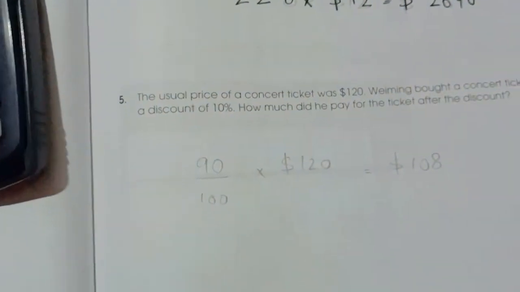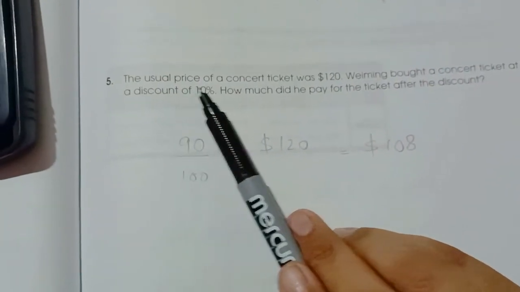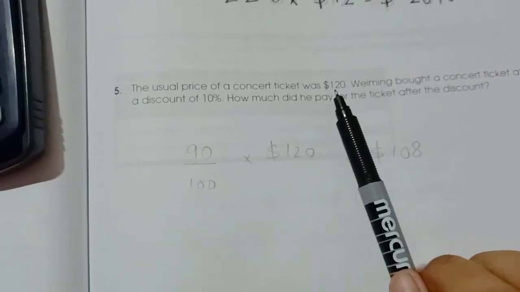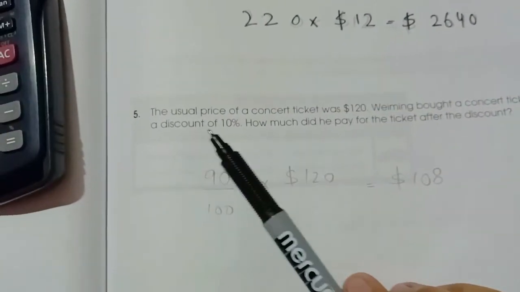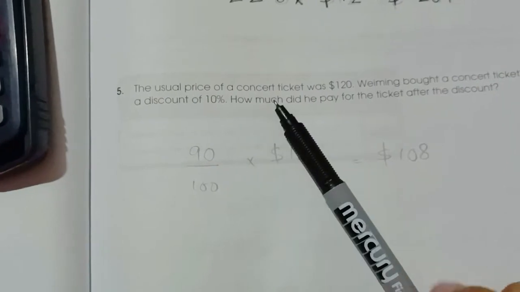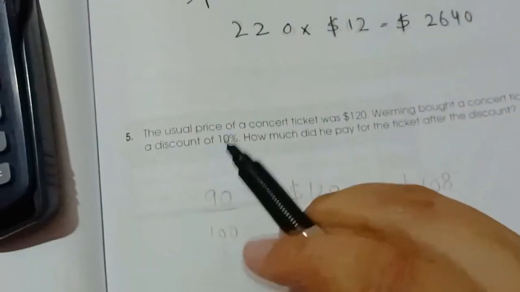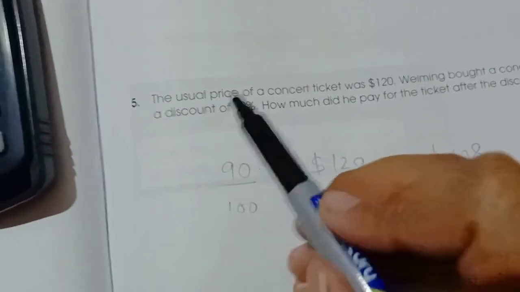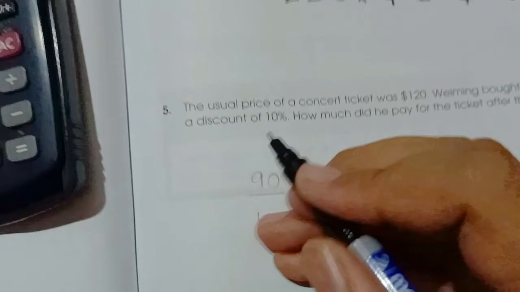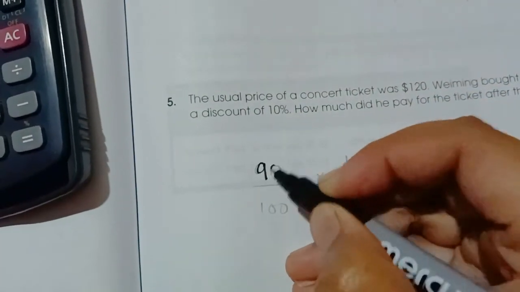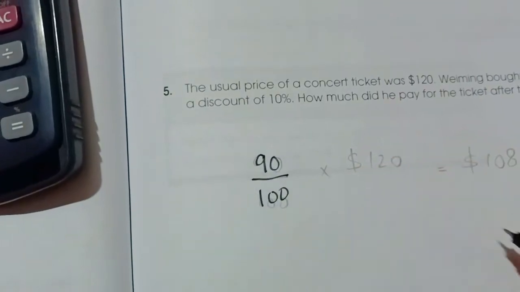Number 5 is: the usual price of a concert ticket was $120. Women bought a concert ticket at a discount of 10%. How much did he pay for the ticket after the discount? So we have to find the remaining percent. If 10% is the discount, then it must be 90% remaining. 90% from the total 100%.